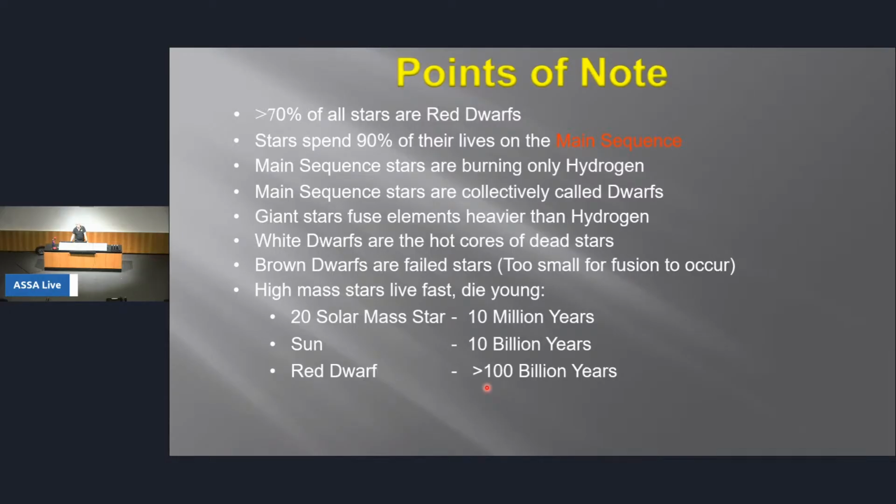In fact, the lowest mass red dwarfs, they believe, would probably live for about 1 trillion years. And it turns out that no red dwarf in the age of the universe has actually hit the end of its life. They're so long-lived that the universe isn't old enough for any red dwarf to actually have run out of hydrogen. So we're really not quite sure what happens to a red dwarf when it does run out of hydrogen, because we've never seen it happen.